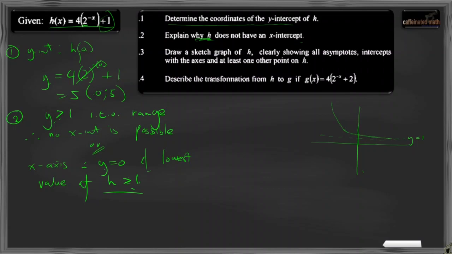The lowest value of h is greater than 1. Either or, something that just makes logical sense to explain what's going on graphically.